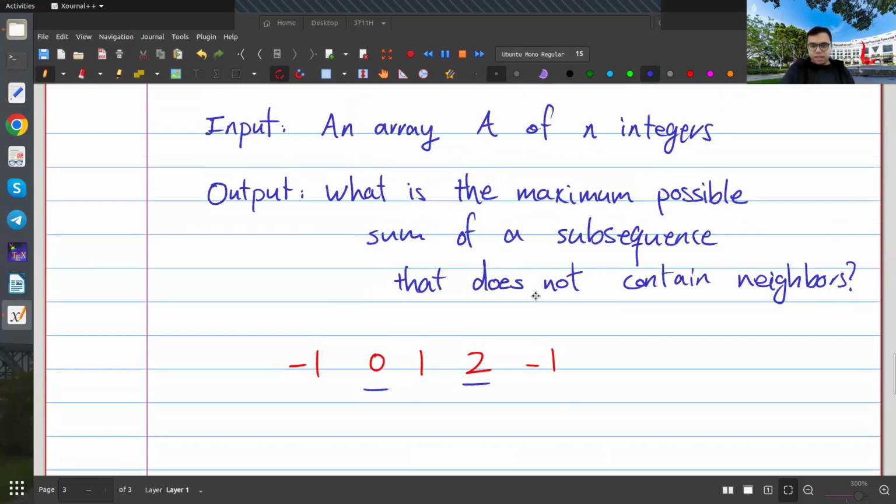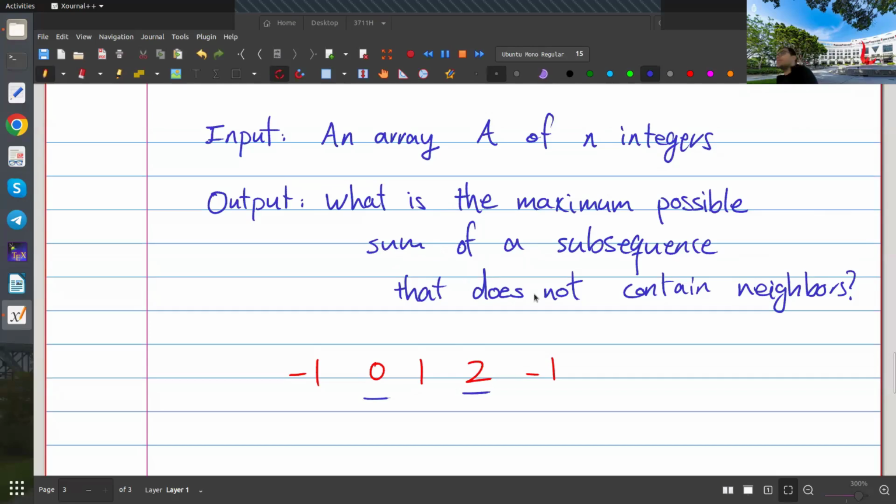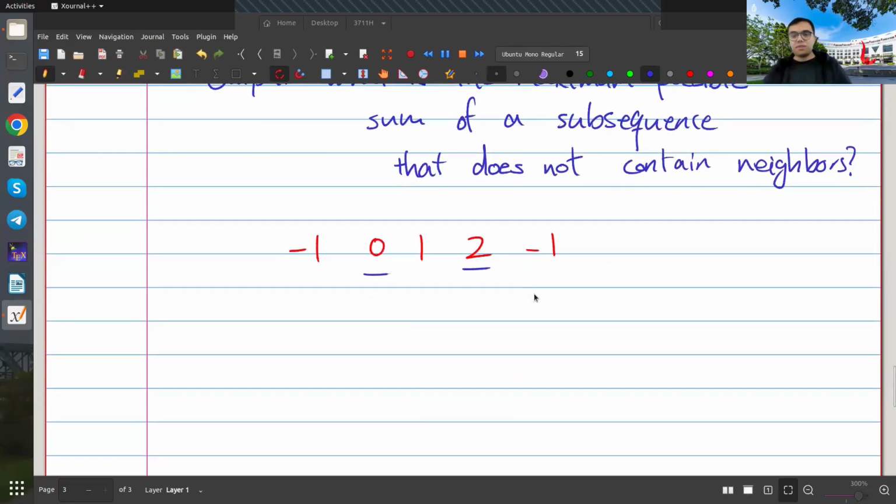Okay. Now I want to solve this again using dynamic programming. Now, the kind of dynamic programming that I'm going to do here is actually very simple. So I'm just going to say, I define a subproblem, let's say ans I, and it's exactly what you think it is. I say, what is the maximum sum that I can get if I only have the first I elements?